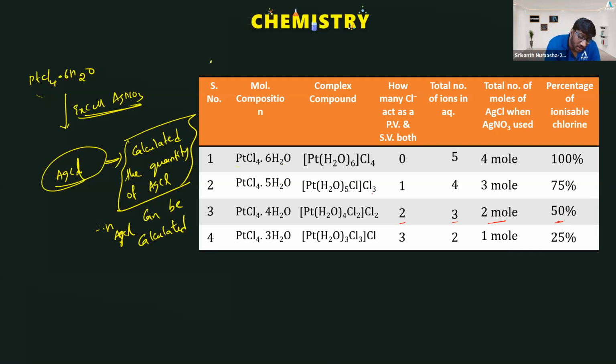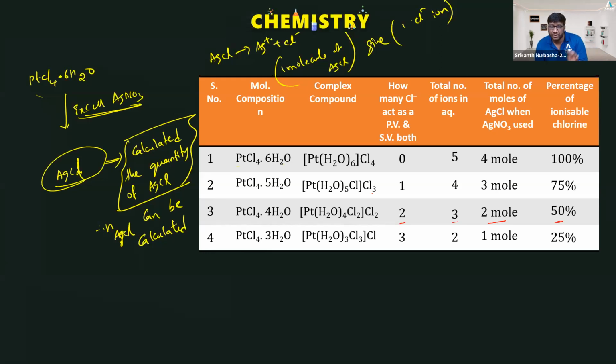Now write the dissociation. AgCl gives Ag plus plus Cl minus. Can I say one molecule of AgCl gives one Cl minus ion? If you take one molecule of AgCl, it is giving one Cl minus ion. If you take Avogadro number of molecules, how many Cl minus ions does it give? Avogadro number.